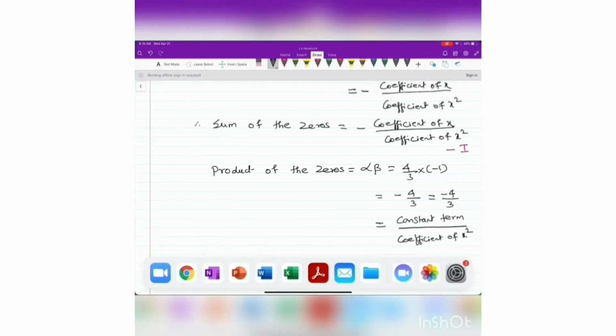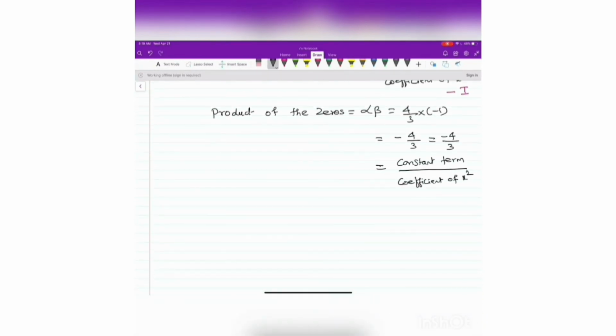So, we have verified the product of the zeros is equal to constant term by coefficient of x square. Let me name this result, what we have verified, as 2.